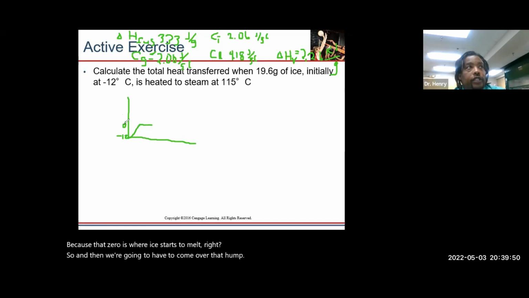And then from 0 to 100 degrees, that's going to be a liquid phase, right? So we're going to go up. Then at 100 degrees, that's when water starts to boil. Okay, then we're going to have that little plateau. And then we're going to go up to 115.